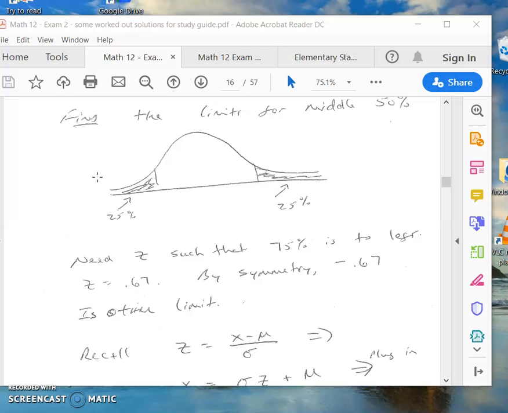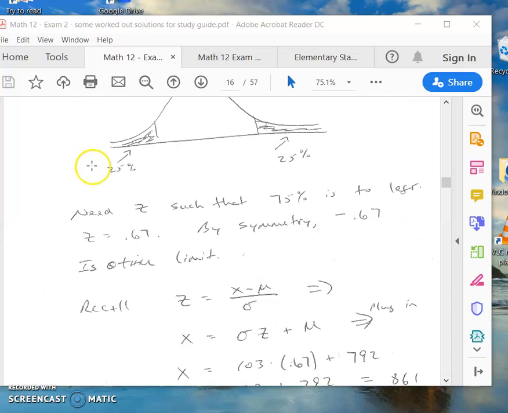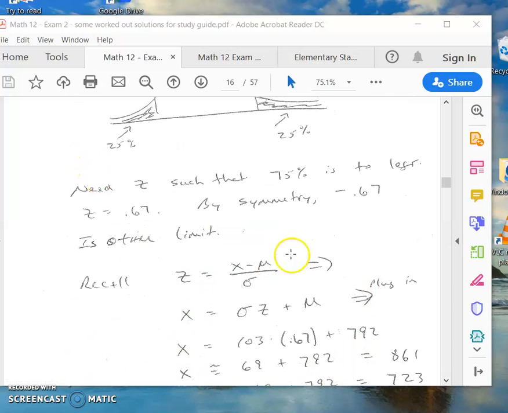You're going from an X score, that's the raw data, and transforming it into a Z score so that you can use the table. Then once you have the Z score, you use this relationship right here to tell me what the appropriate X value is, the appropriate original value that we're looking for.